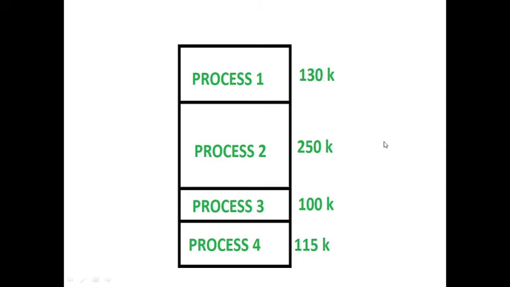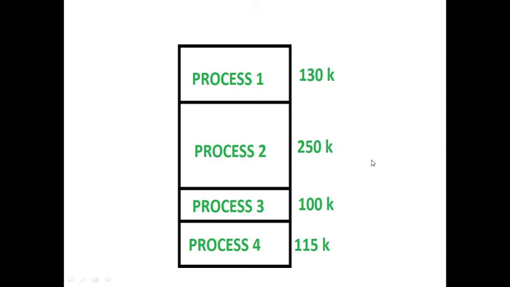I found that my first process needs 130 KB. As my process 1 needs 130 KB, I will take 130 KB itself.